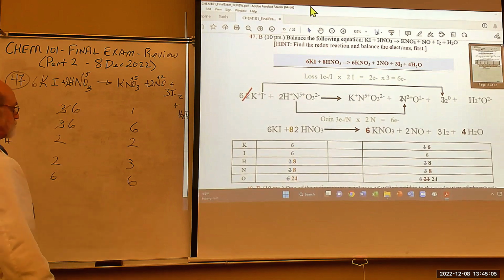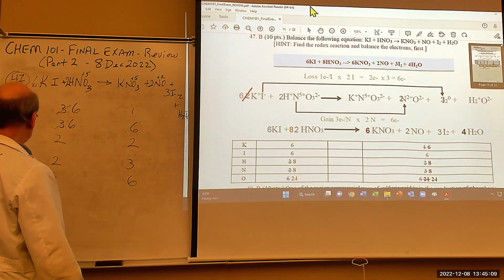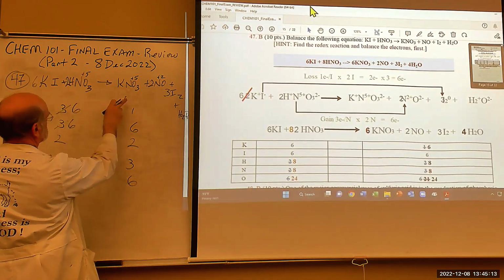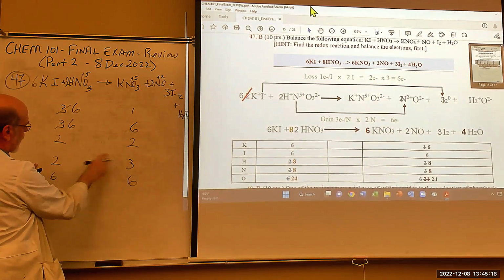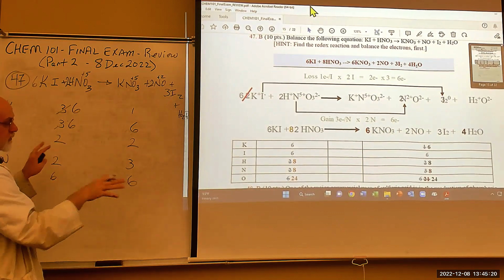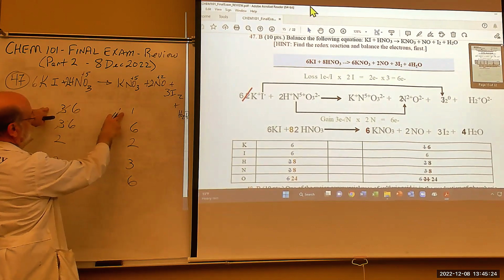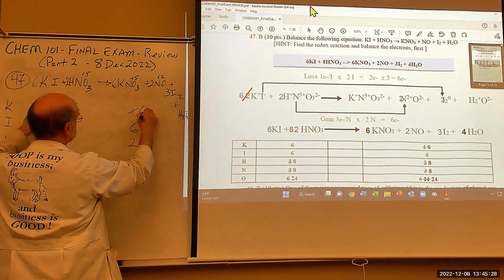Now, let's leave the nitrogens alone right now too, because they're odd even. Maybe they'll work themselves out. So what do we have left? We have potassium. So what if we make this one 6? That gives us 6 potassium.